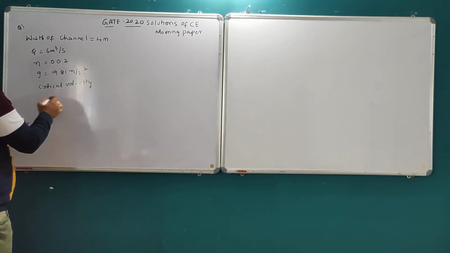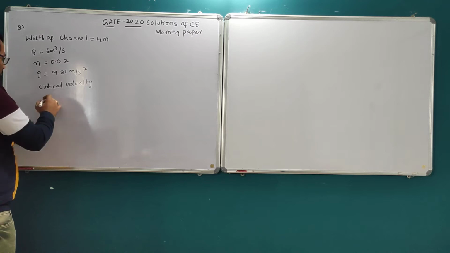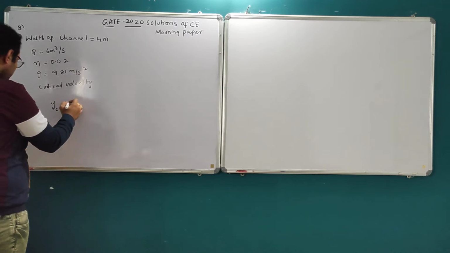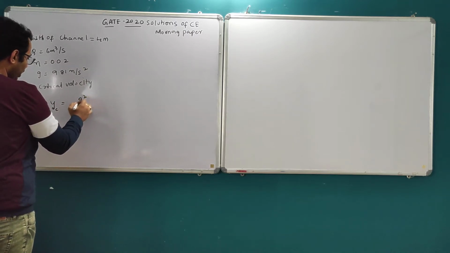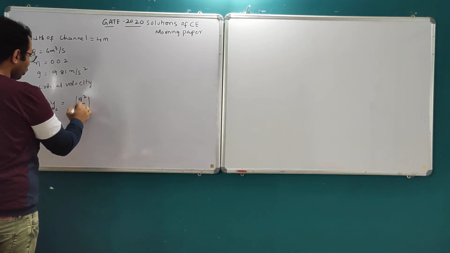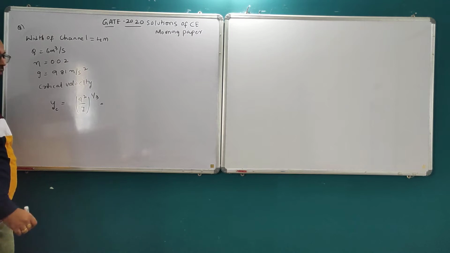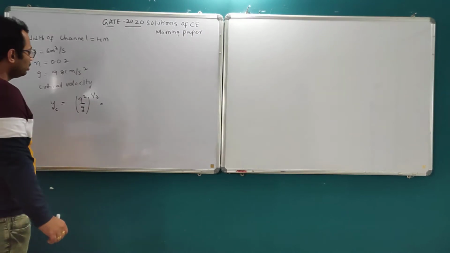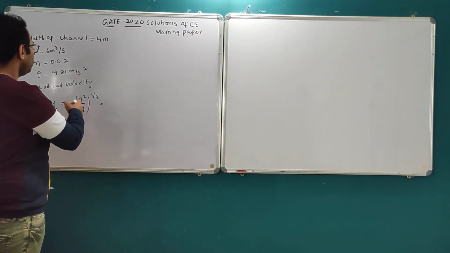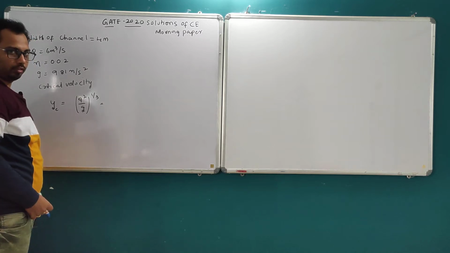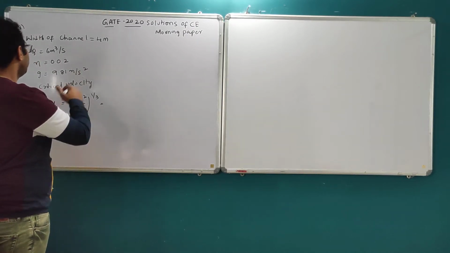So we know this. Yc is equal to (q square by g) whole power 1 by 3. So this was a formula which we are very familiar with. So now here q is discharge per unit width.